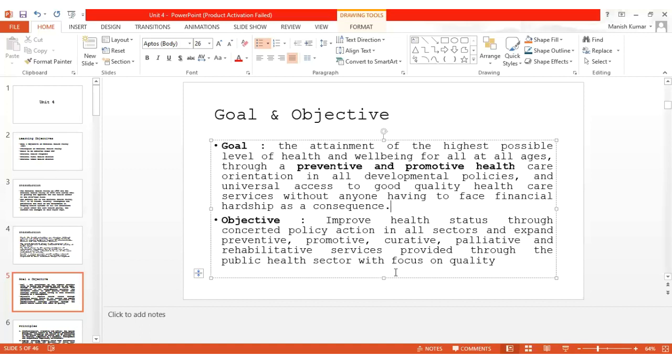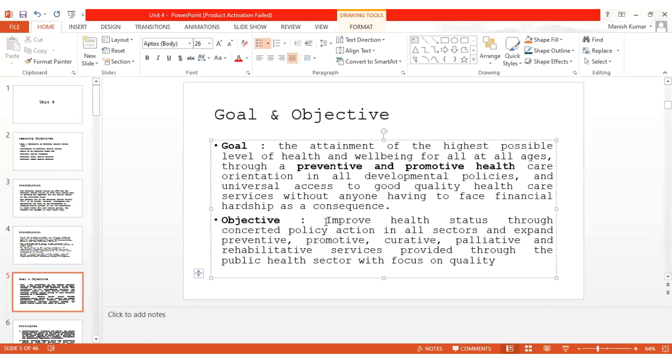Now the objective is to improve health status through concentrated health policy action in all sectors, and to expand preventive, curative, palliative, and rehabilitative services provided through the public health sector with focus on quality.